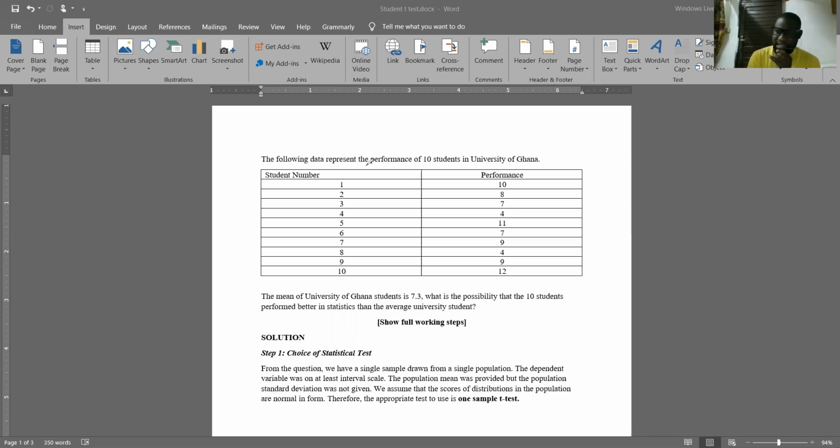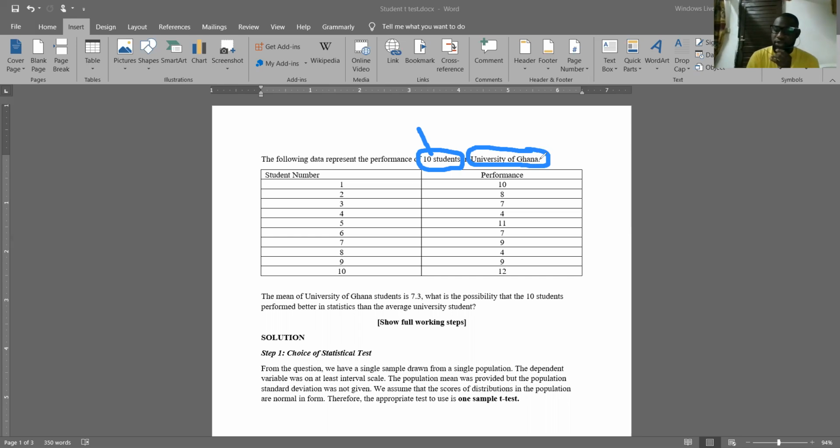So the first sentence should give you a clue that we have 10 students from University of Ghana, and you know University of Ghana doesn't encompass only 10 students. That should signal to you that they have taken 10 students as their sample, and out of this, we have a population. So 10 students were taken from the population.